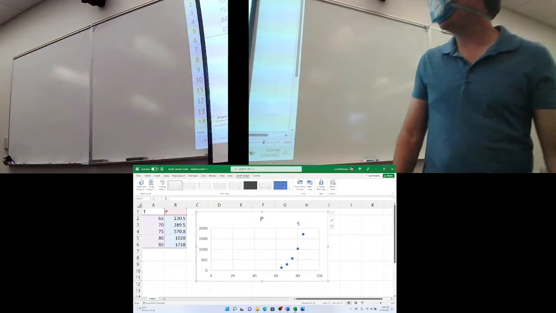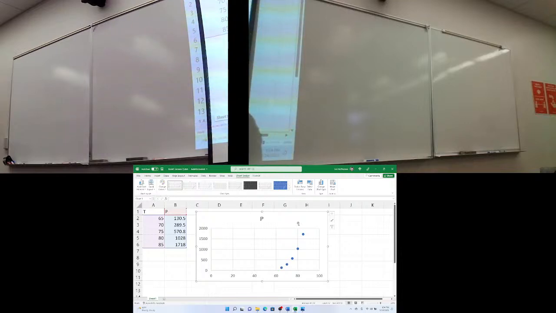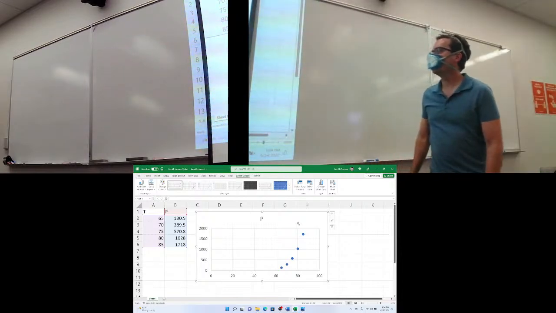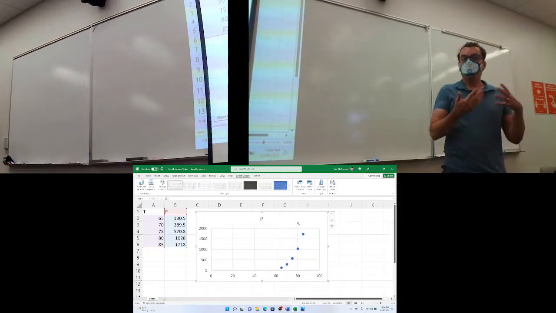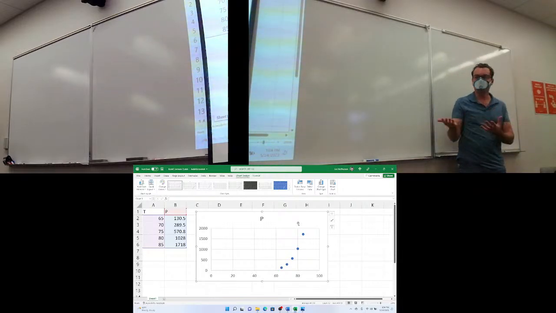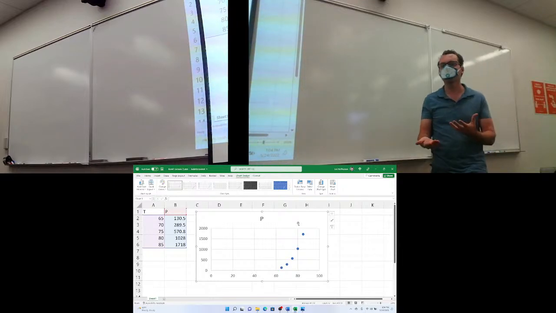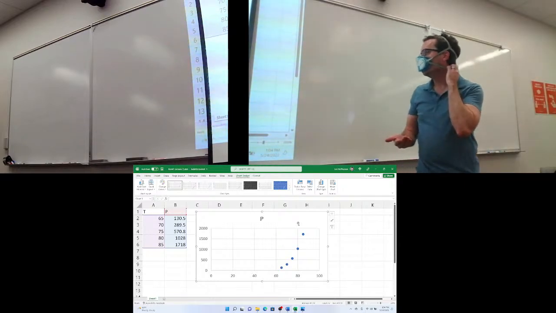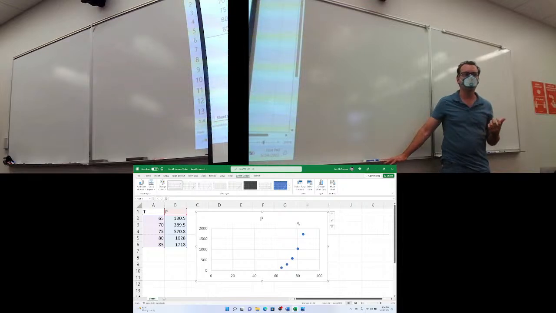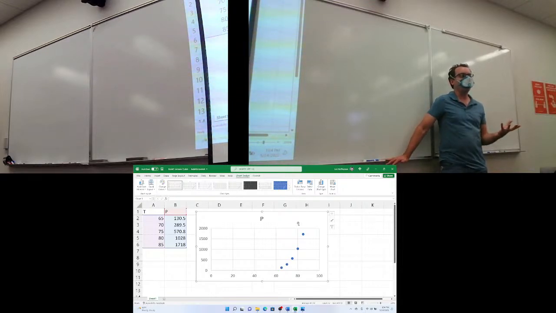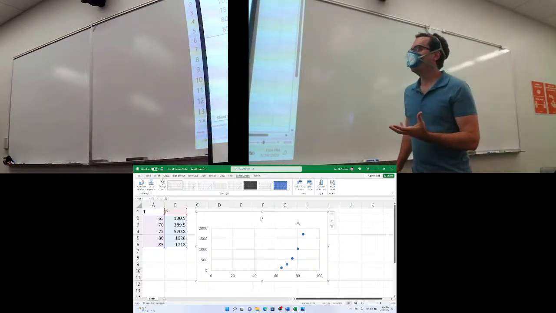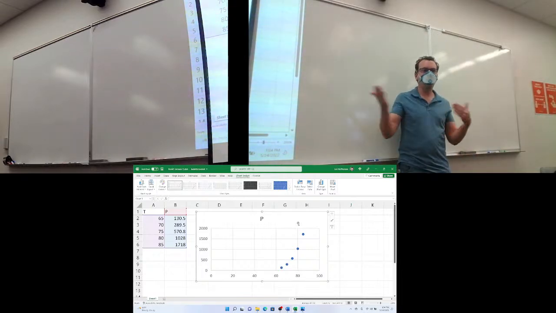So you can kind of see it's curved. It's not linear, it's curvy. This is something you can fit. Excel will fit curved lines to a series of points. The thing is, when your data is not perfect, it's very difficult to fit a curved line, and it's hard to tell how well the curved line fits.